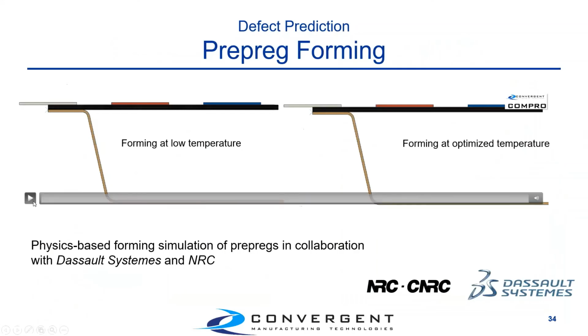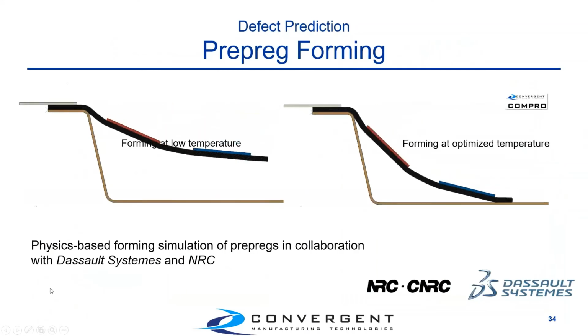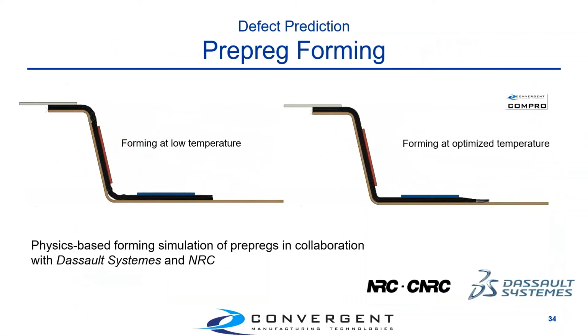The next example in terms of the advanced simulations is the forming process. So in the forming process, the material goes through very large deformations and rotations, and you have a very complex interaction of the forming apparatus, the tool, and the part happening, and the wrinkles happen due to the excess length that exists in the part.